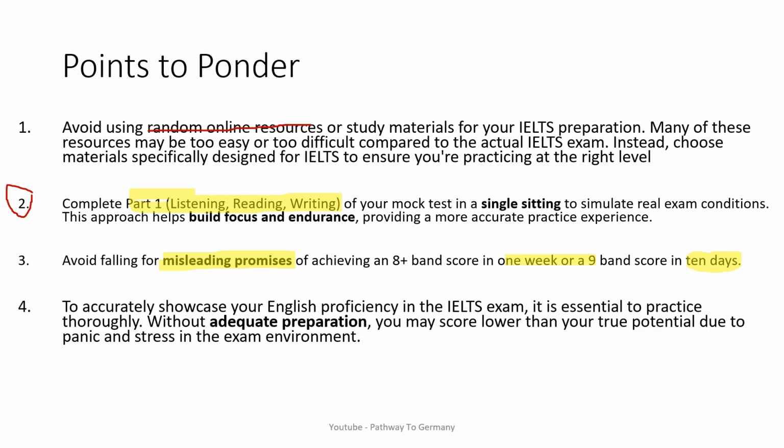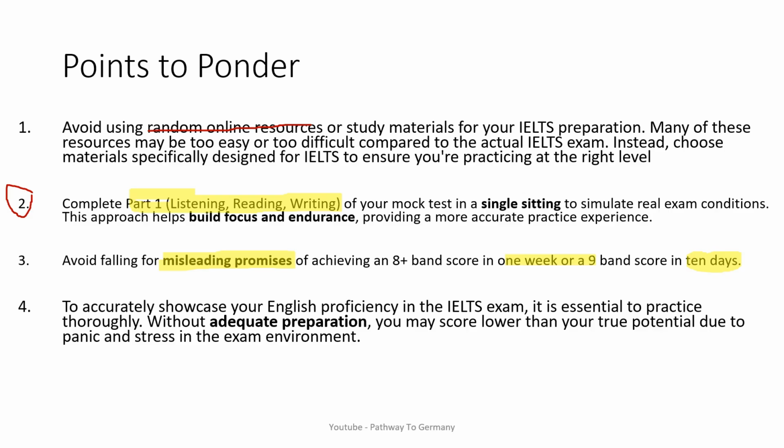You can just get familiar with the examination so that you perform well, and your IELTS score will reflect your true potential. That is all that you can do in a week or 10 days. But if your English proficiency is already bad, by bad I mean 5 band or something, you can hardly make any difference in just 1 week or 10 days.